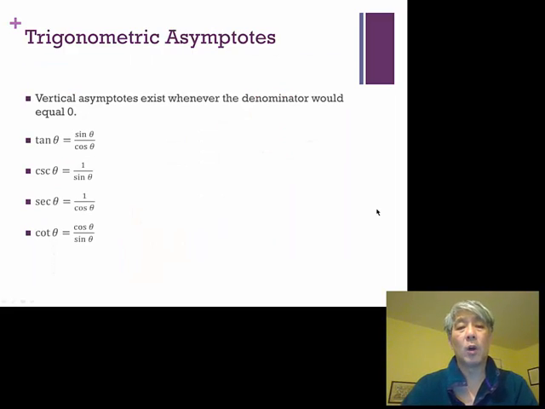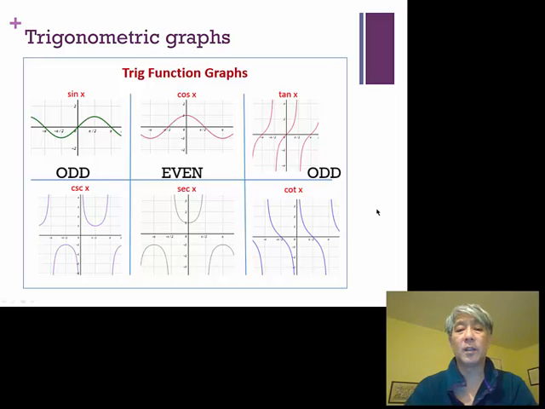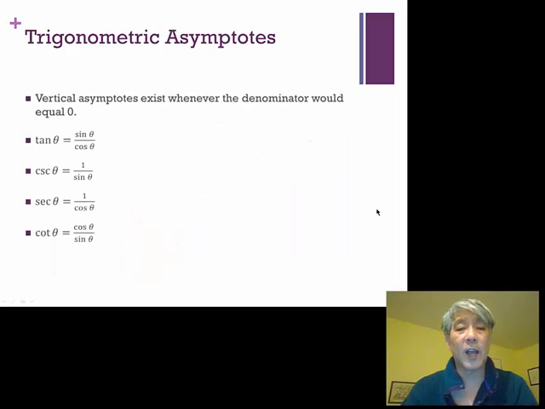Okay, I will also have asymptotes. If I look at the 3 functions on the bottom and the tangent function, there's going to be asymptotes associated with these. Okay, and so vertical asymptotes exist whenever the denominator would equal 0. So tangent, cosecant, secant, and cotangent all have situations where the denominator would equal 0.